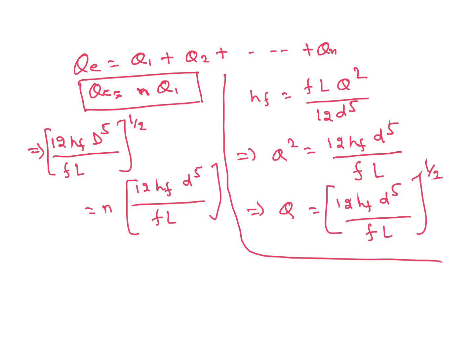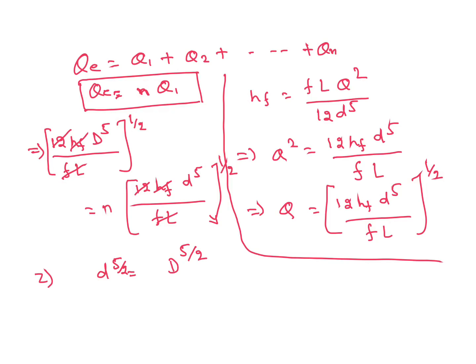So 12 HF FL cancel, then d to the power 5 by 2 here, here also you take D to the power 5 by 2 equal to capital D to the power 5 by 2 divided by n.